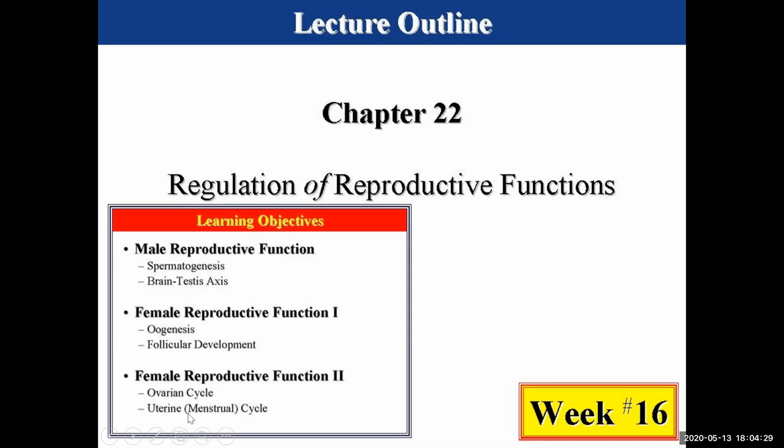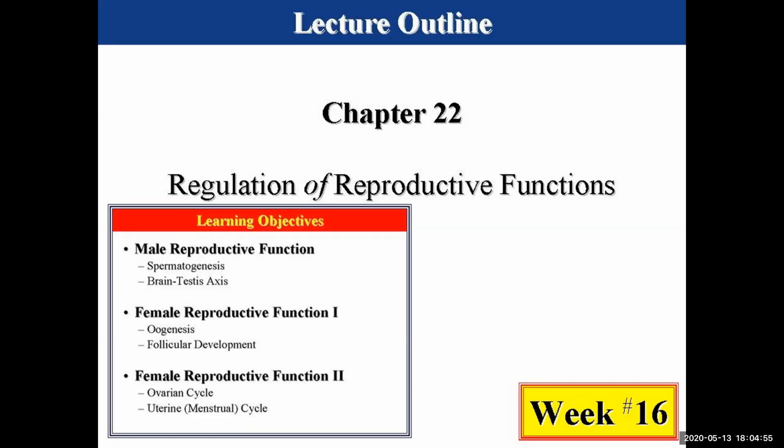And we have two such cycles. The ovarian cycle, so the ovaries go through a cycle, but the uterus also goes through a cycle. So we're going to go over ovarian cycle versus uterine cycle. It's very interesting, much more complicated in the case of the female reproductive system than the male reproductive system.